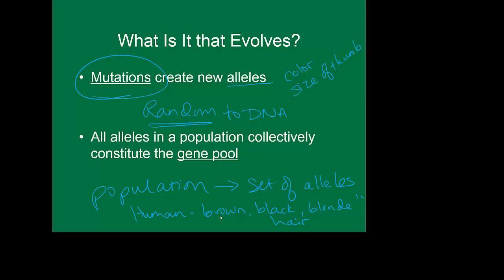So that's the allele set that we have. It's also referred to as something known as the gene pool. The gene pool includes all alleles in a population. Can you imagine counting every single allele in the human population? It would be huge, right? But this is what we are dependent on. These alleles, and in particular, the variability in the alleles. So keep that in mind as we talk about things.